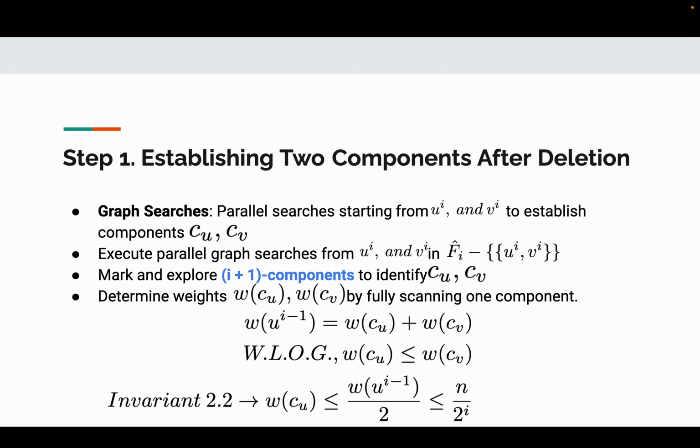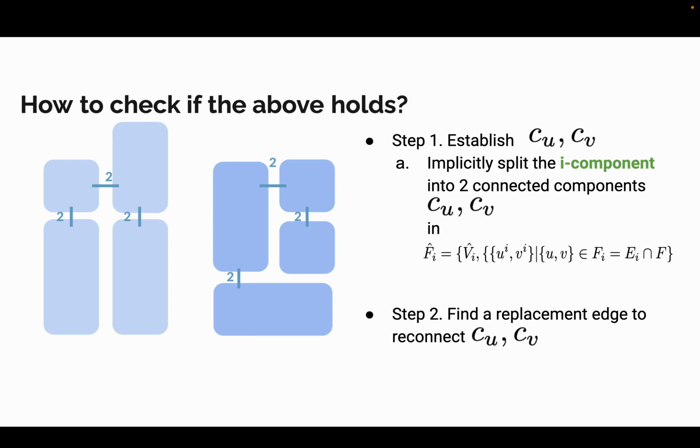Okay, so when an i-witness edge is deleted, we must carefully assess whether its removal splits an i component into two.